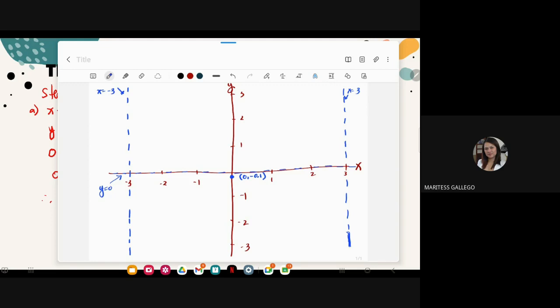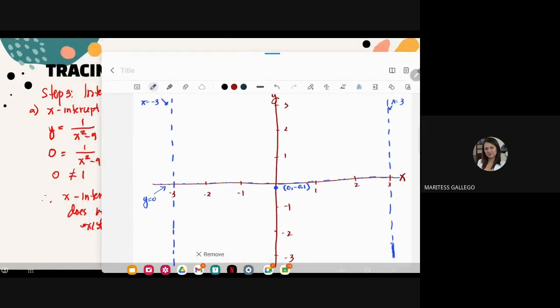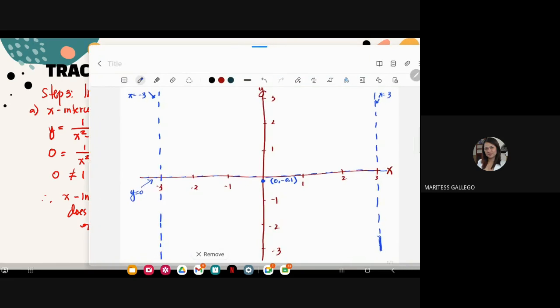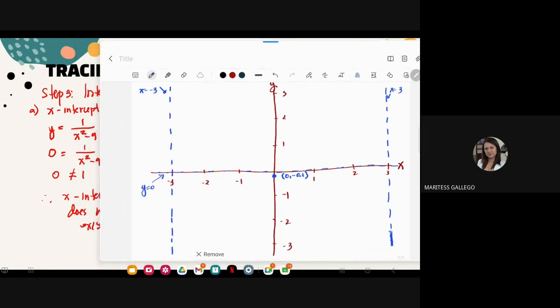Okay. So, ibig sabihin, marami kayong additional points. Tama? Ano yung mga additional points nyo dito? 3 quadrant. Yung first is from negative 3 to positive 3. Anong nangyayari sa curve nyo within negative 3 to positive 3? At anong nangyayari sa curve nyo pag less than negative 3?